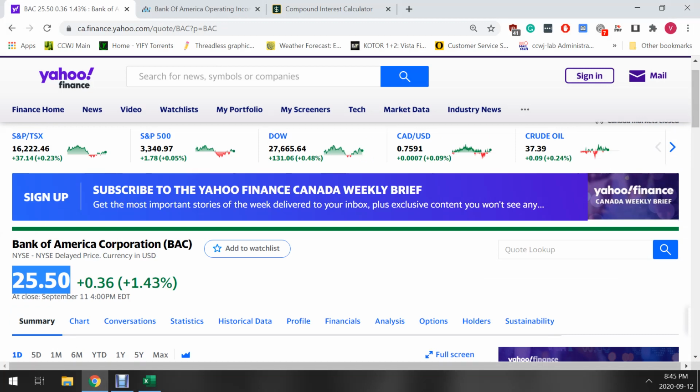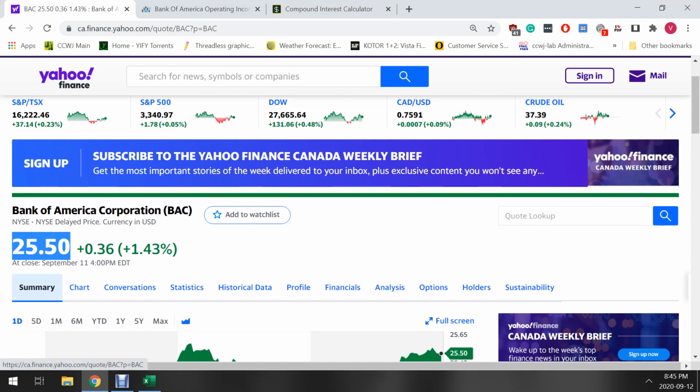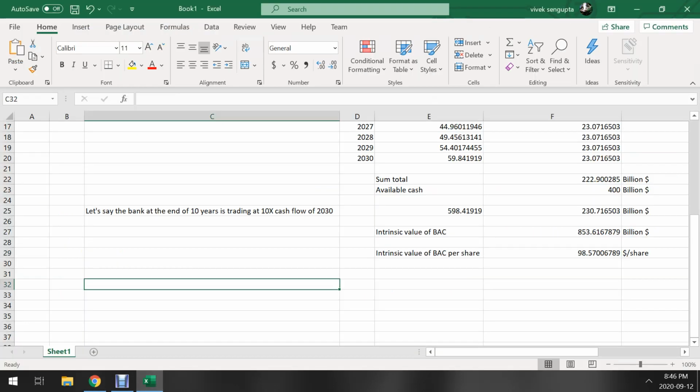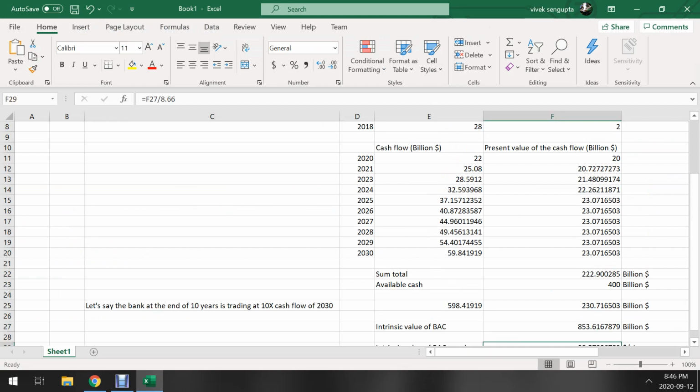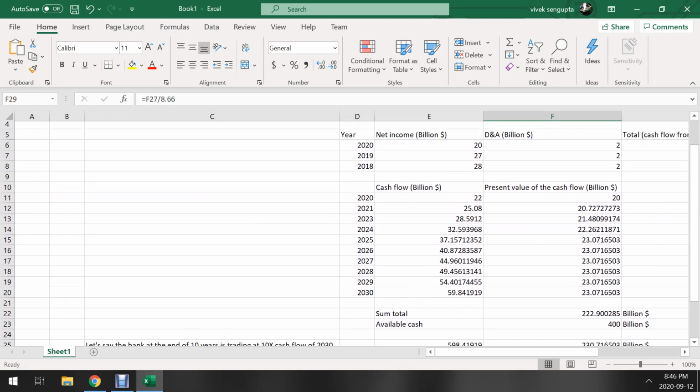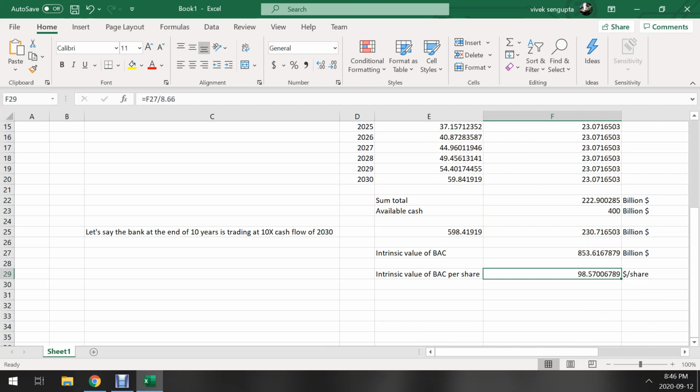The market will recognize that and then the prices will increase. All we have to do is invest and wait for the bank to go there. So that's amazing that we can calculate that just based on data from Yahoo Finance and Excel, right?